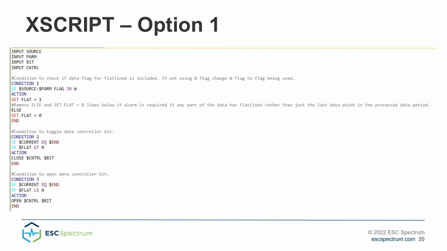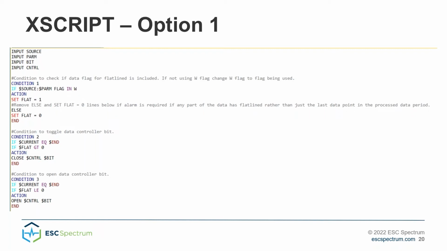And if you just care about if that data has flatlined, you can remove the lines in that condition 1 that say else set flat equal to 0. And then if there is any flatline period within the data that this ProcessNow task is run over, it will flag.